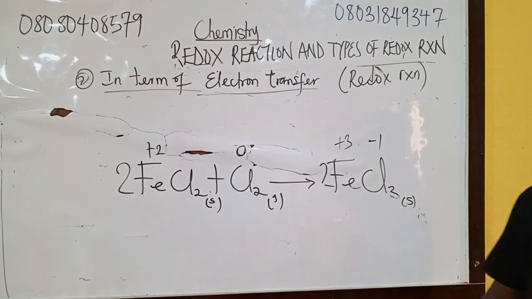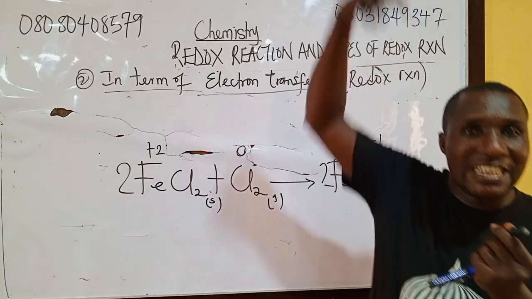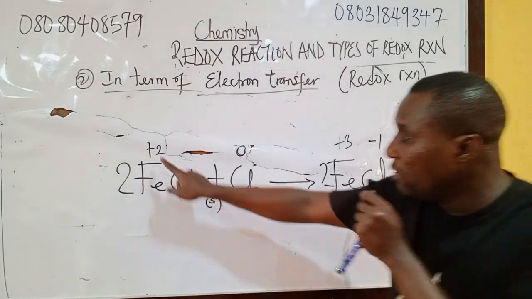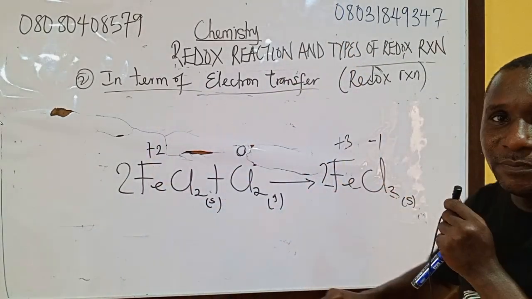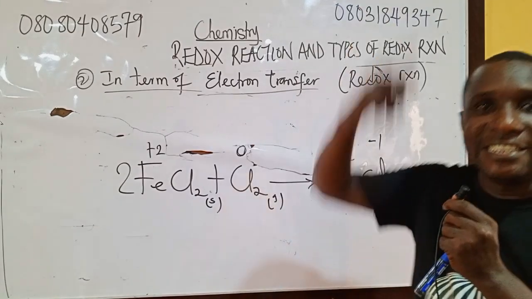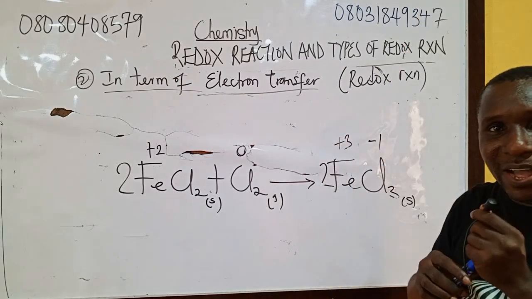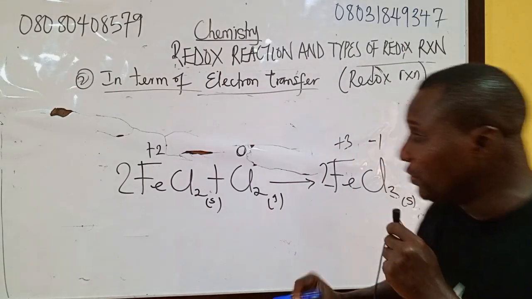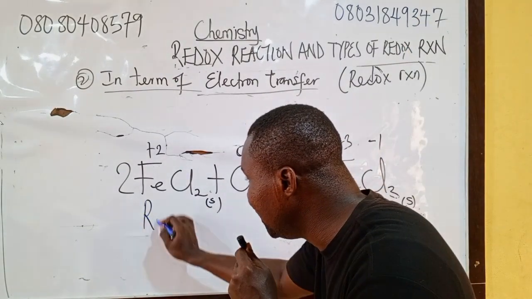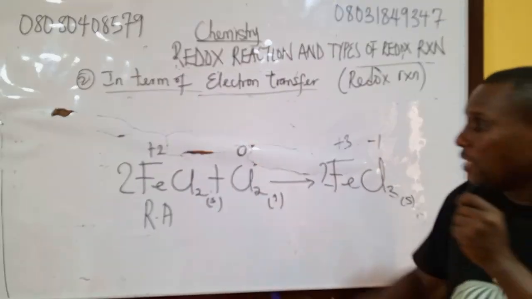Then from here, let us identify the reducing agent. Reducing agent increases in oxidation number. +2 to +3. Increase or decrease? Increase. Then which agent is that? Reducing agent. That means iron(II) chloride is a reducing agent. 0 to -1.